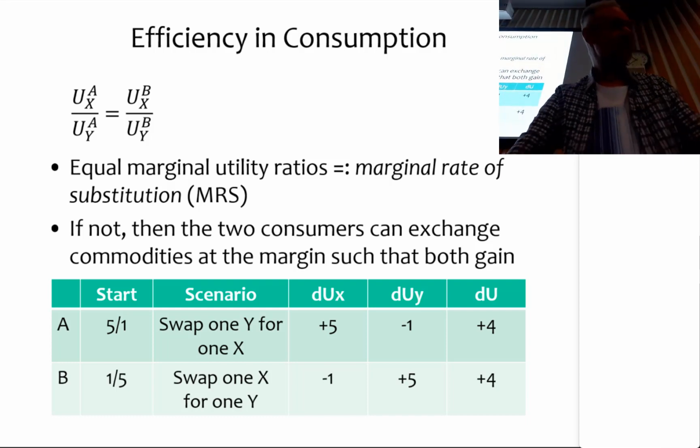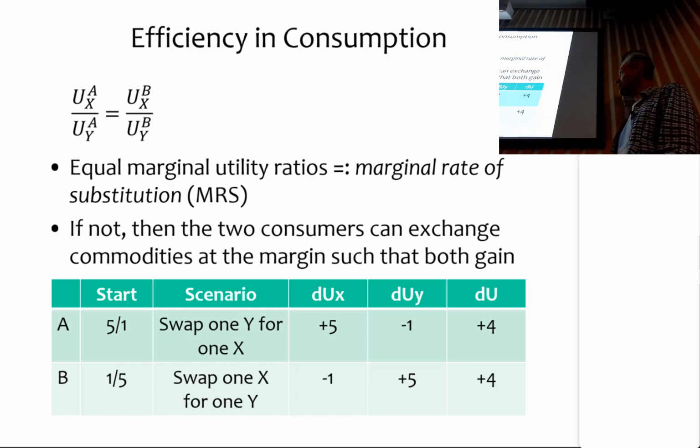Efficiency in consumption is if the ratio of marginal utilities of the two agents in the economy, A and B, equal each other.